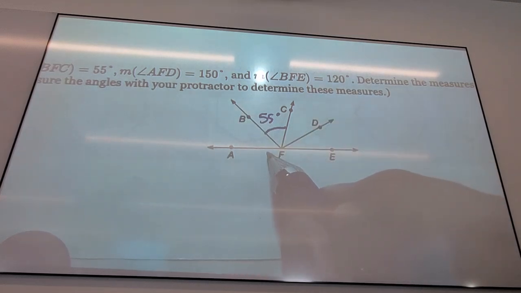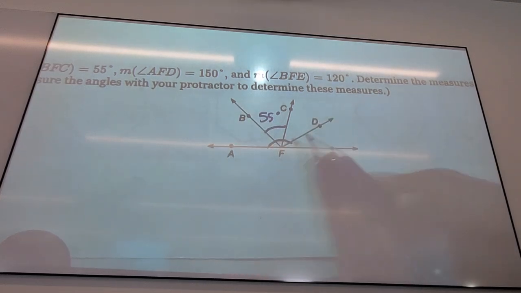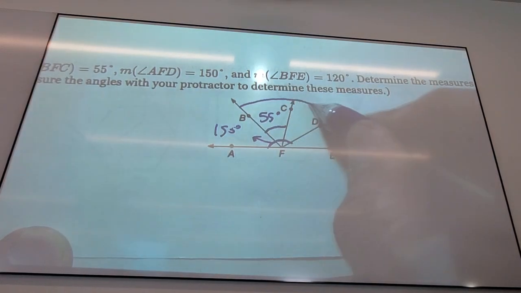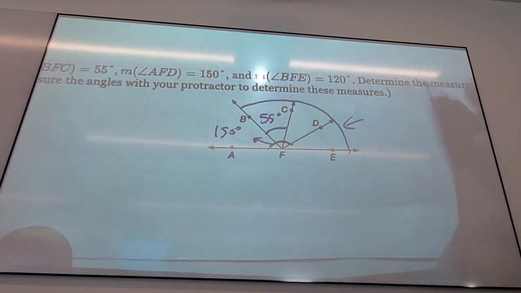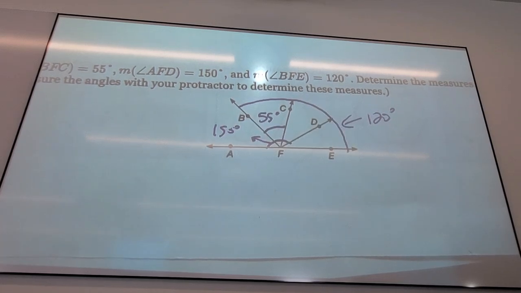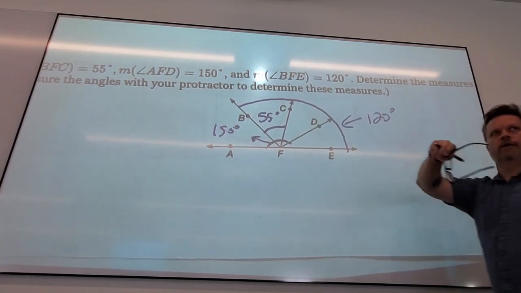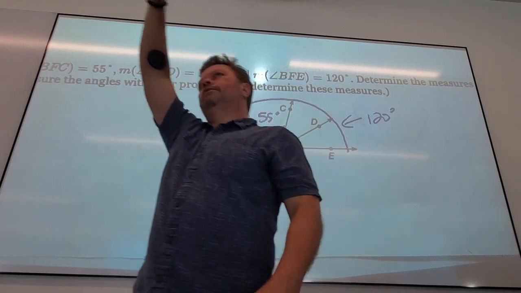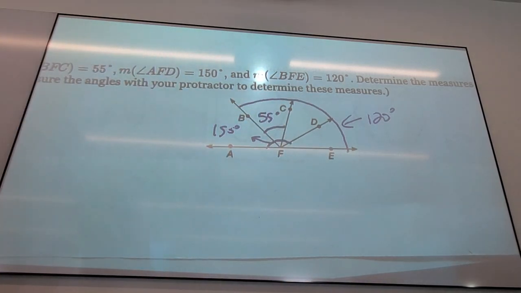AFD, see how it's getting a little tricky to really make sure you see what's going on? AFD is 150 degrees. And BFE, I don't think I did it this way on my paper, but you can do it like that, is 120 degrees. So the first level of this problem that's really tricky is really identifying for yourself what's what.